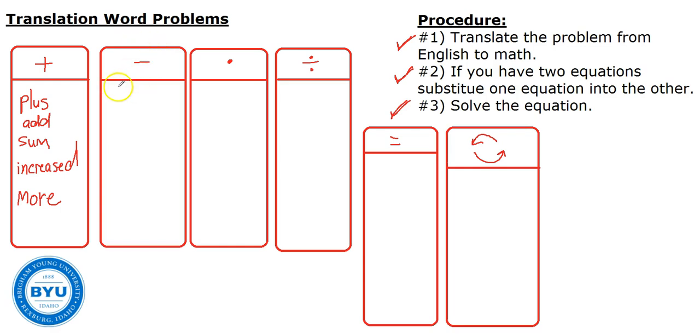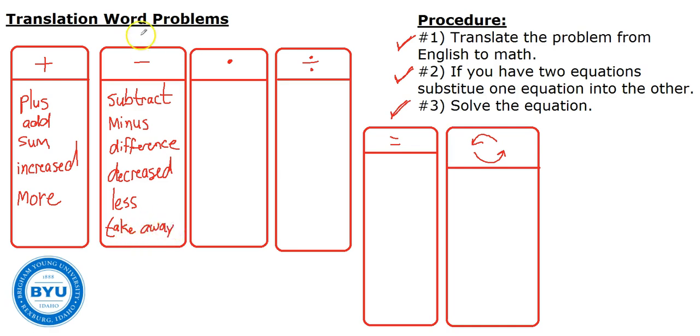Let's talk about this symbol here. It's subtract, minus, the difference, decreased by, or less. Sometimes we even say take away. All of those words mean this symbol in math right here.